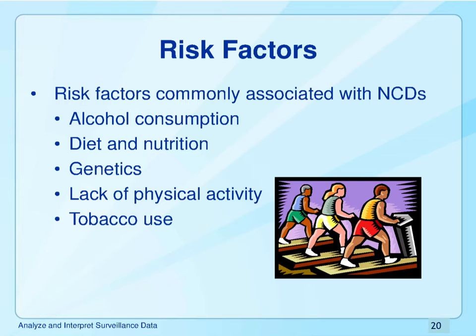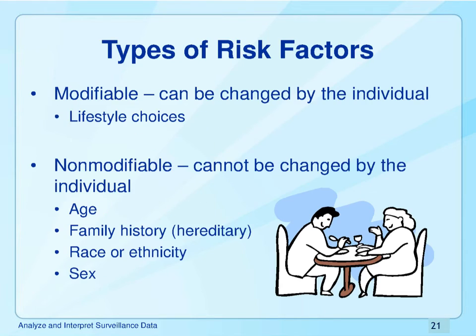Now, unlike infectious diseases where specific pathogens cause specific diseases, NCDs are often the result of a number of risk factors. Now, these might include things like alcohol consumption, diet and nutrition, genetics, lack of exercise, tobacco use, and so on and so forth, all of which you are inherently aware of because you're practicing nursing or public health or medicine here in the Pacific, where it is a significant problem.